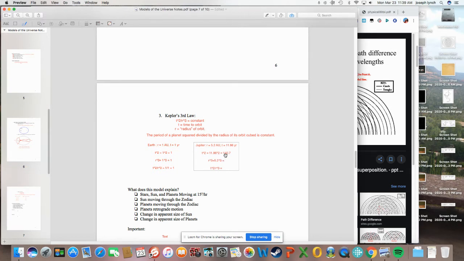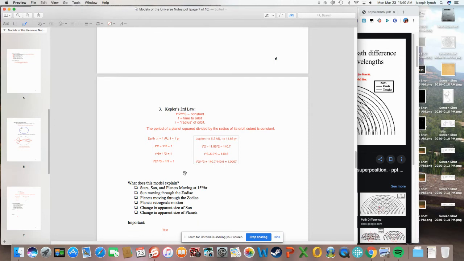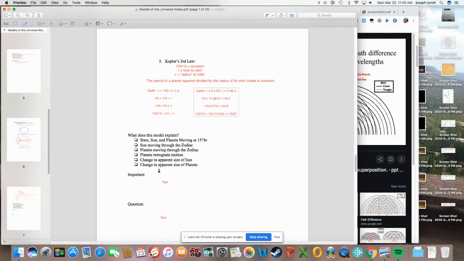And that's going to give me 140.6. Divide those out, I get 140.7 divided by 140.6, and that gives me 1.0007. Almost exactly the same. And he found out that's true for any planet in the solar system. So what does this explain? It's going to explain everything, so we can check off all of them.